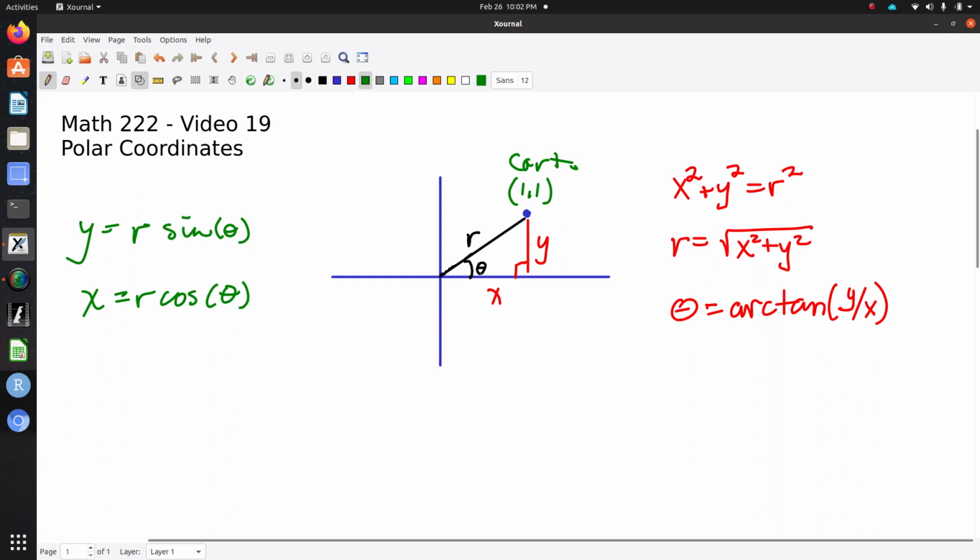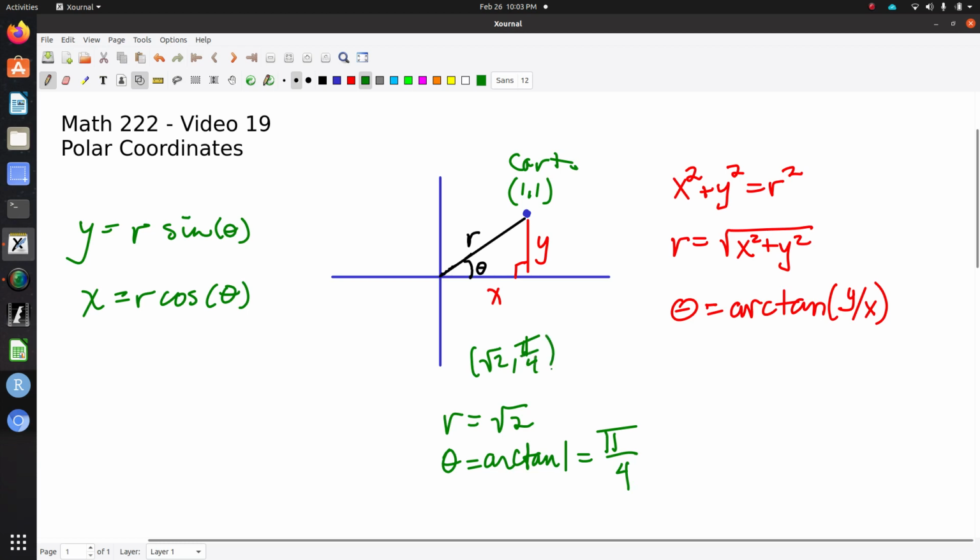So it turns out, well, the radius has to be square root of 1 plus 1, so square root of 2, because I'm just using this formula. And theta is an angle whose tangent is 1. So this is going to be 45 degrees, or if you prefer to use radians, it's going to be pi over 4.